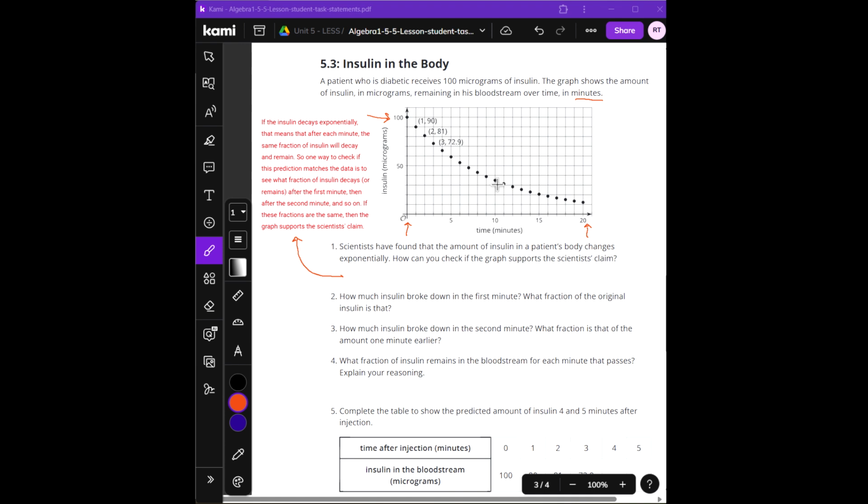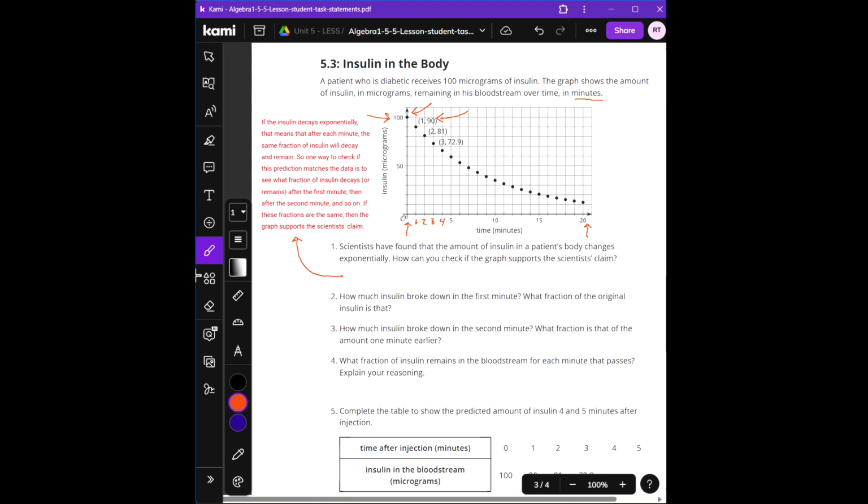All right, for number 2, how much insulin broke down in the first minute? What fraction of the original is left after that? Okay, so what we can do is we can look at our y values up here. At 0 minutes, there's 100 micrograms of insulin. After the first minute, which if we look down here, those are minutes, it has gone down to 90 micrograms.